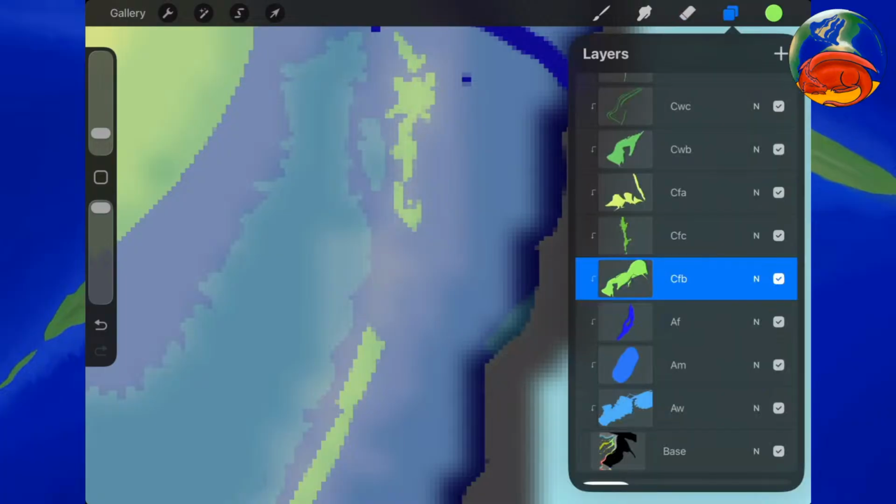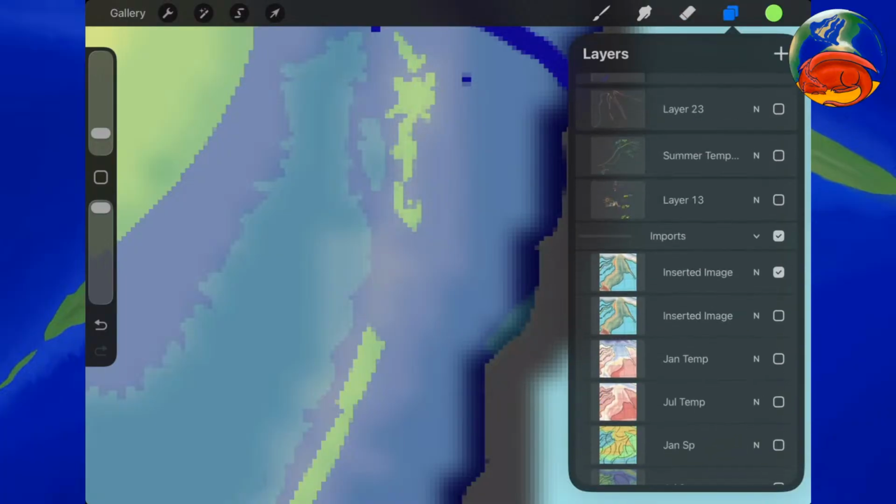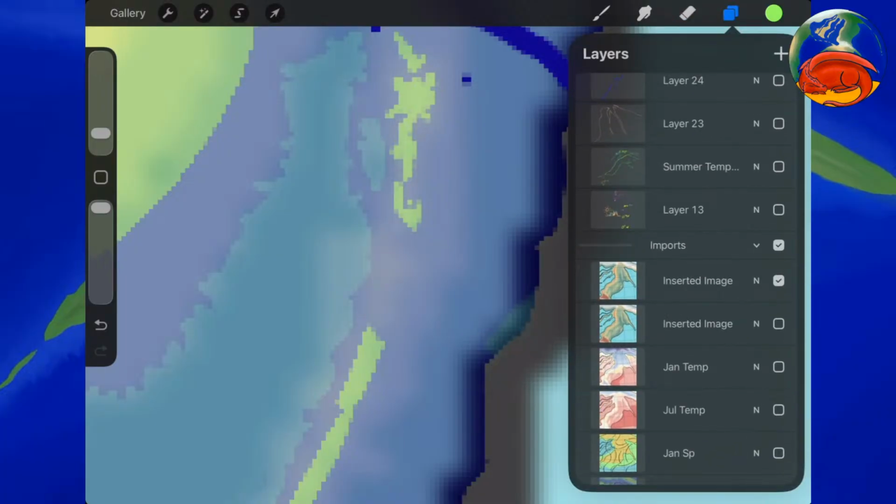I'm going to turn up the opacity. Did I do it to the whole thing? No, I did not.